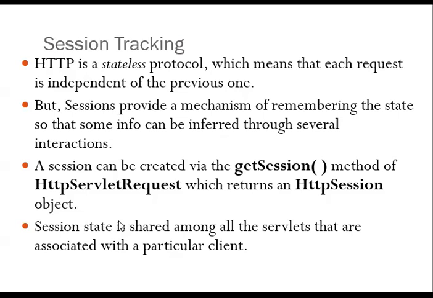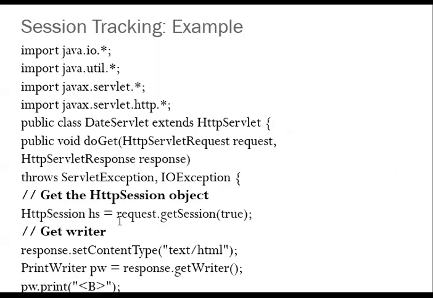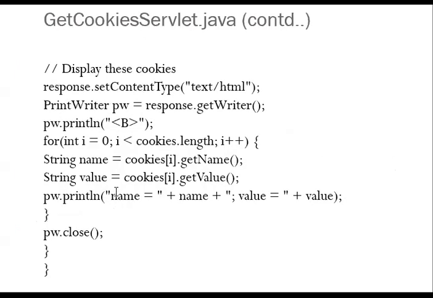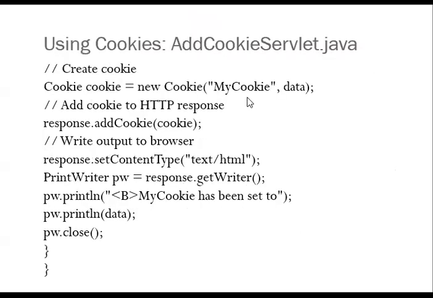Next we have session tracking. Session tracking is information that is stored on the server side. In our previous example, we stored just a name value pair, that is my cookie and the value, on the client machine.